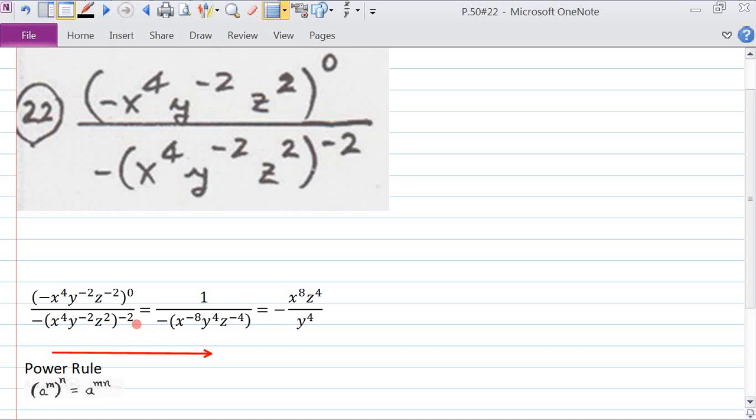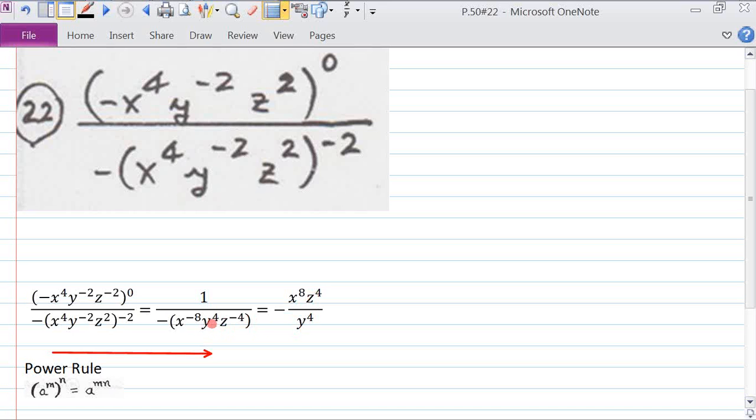So all we've used is the power rule to remove this minus 2 and multiply each of these by minus 2 to get this. Now, this has a negative exponent, and this has a negative exponent. So we're going to move these from the denominator to the numerator, make it plus 8. This is minus 4. Move it from the denominator to the numerator, make it plus 4.